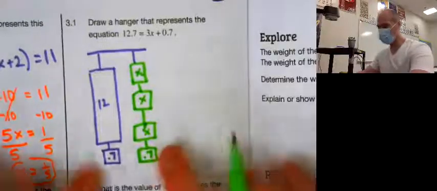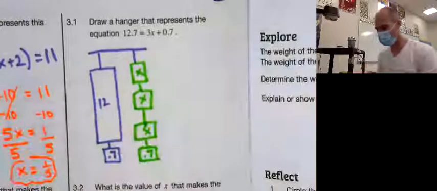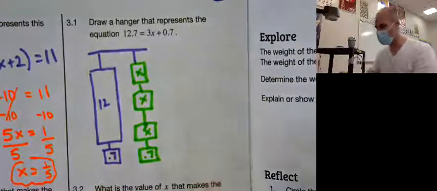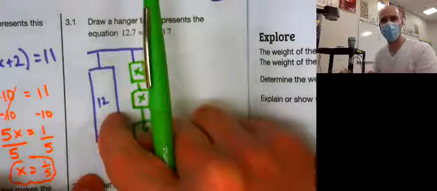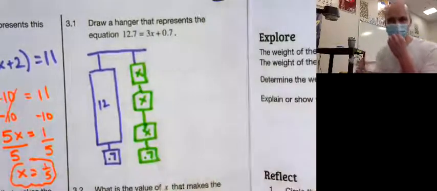And well, these 0.7s, they kind of go together, right? So the 3x's must equal the 12. And so that's going to help me solve this, right? I know that 3x's have to make up the 12. You could probably figure that out in your head, that this needs to be 4, 4, and 4. So we already know the answer is x equals 4.